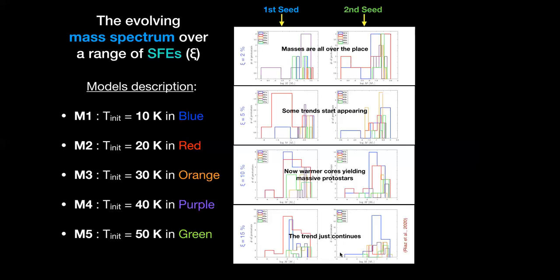And this is again on the right hand side, where you have the second seed value. Otherwise, the trend is there to be observed that due to the CMB contribution, when the gas collapses at a much higher temperature, it is going to form protostars with much higher masses, and the number of protostars in that case will be fairly low.